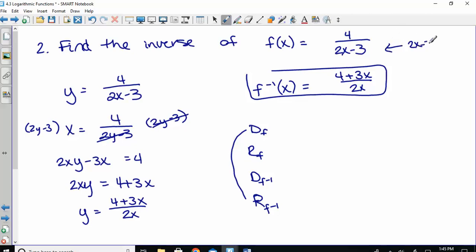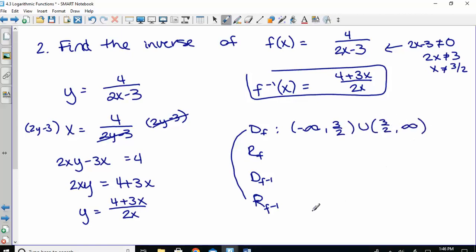The bottom can't be 0. So x can't be 3/2. So my domain would be negative infinity to 3/2 union 3/2 to infinity. And that is the exact same as the range of the inverse.